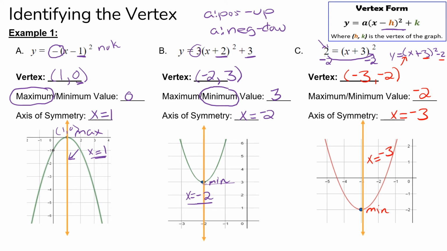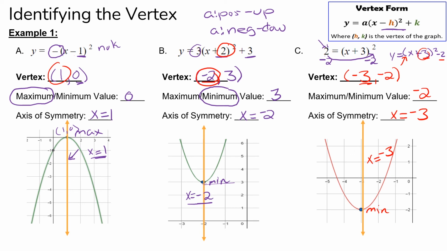So now remember that the vertex is h and k. We're going to always put the opposite value here. So here that was a negative 1, we put positive 1. Here it was a positive 2, so we put negative 2. Here we have a positive 3, so we put negative 3. Our k value will stay the same.